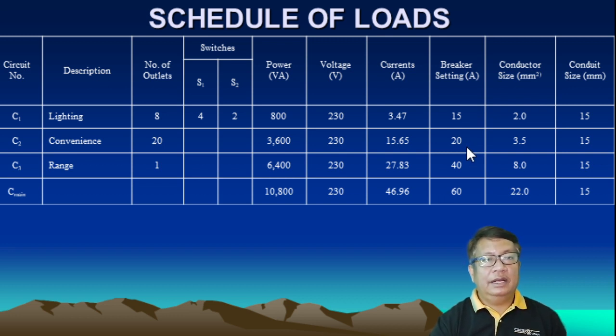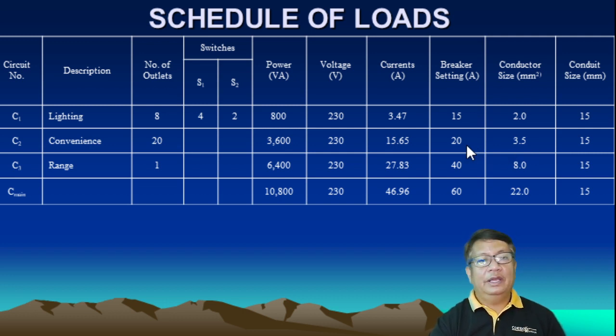Okay, and aside from that, even if, for example, our current here is less than 15, the Philippine Electrical Code provides that the smallest breaker setting for convenience outlets should be 20, or it should be protected by a 20 ampere circuit breaker.